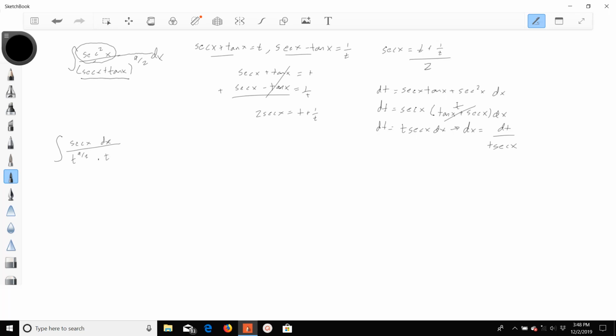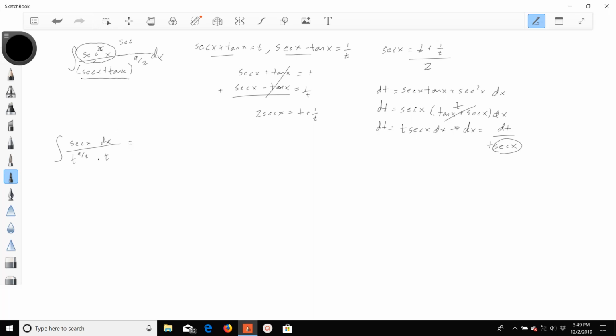See, the secant squared x, when I put this dx in here, one of these secants on the bottom cancels with one of these secants on the top, leaving just a secant on the top. And we put in dt and we get that. Should be pretty intuitive there.